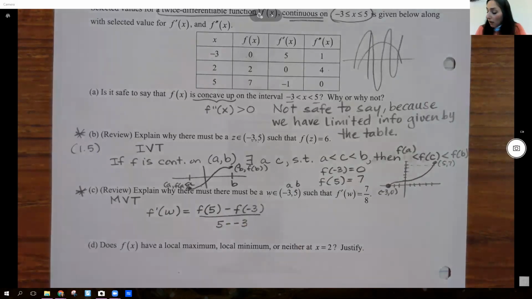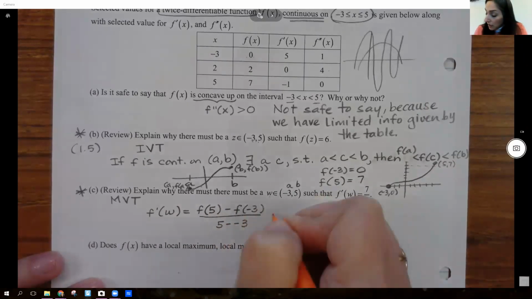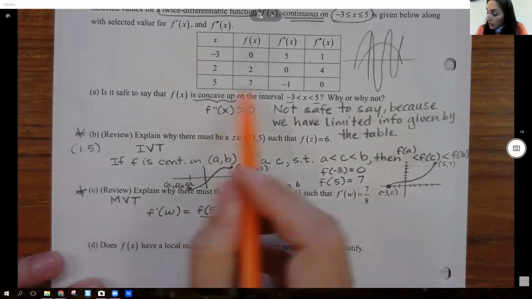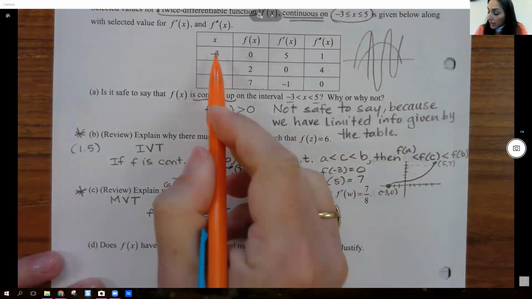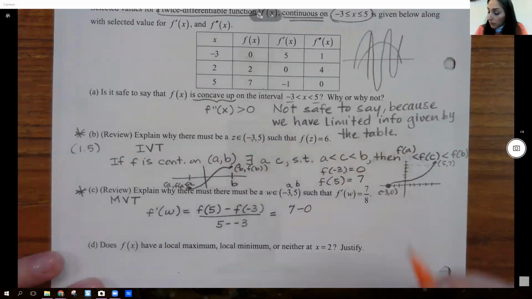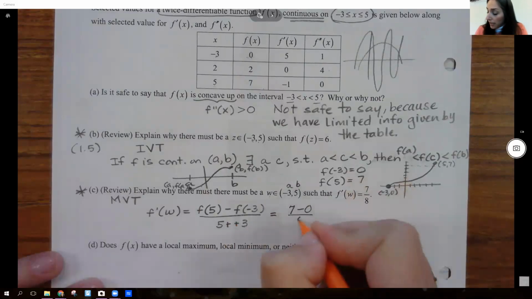So I don't know what this is, but I can figure this out because I can use the table for this. So F of 5 is 7 minus F of -3 is 0, all over 8.